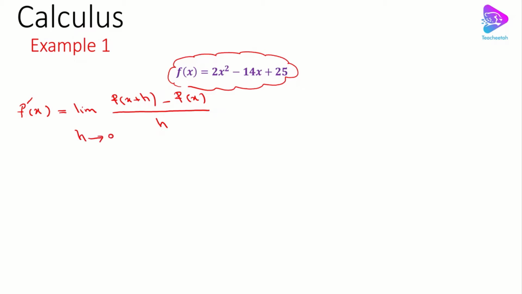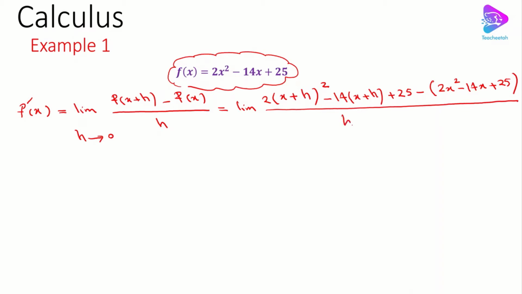Now we have to plug in x plus h instead of x inside this function, and therefore we will have the limit of 2 times (x plus h) squared minus 14 times (x plus h) plus 25, and then minus the whole function, which is 2x squared minus 14x plus 25, over h when h is approaching 0.